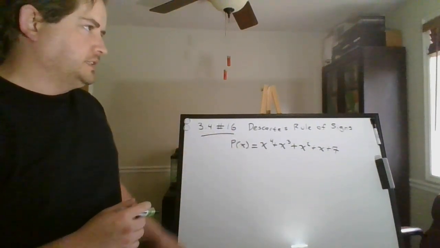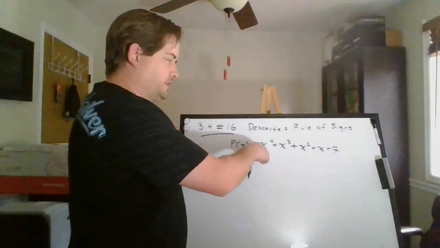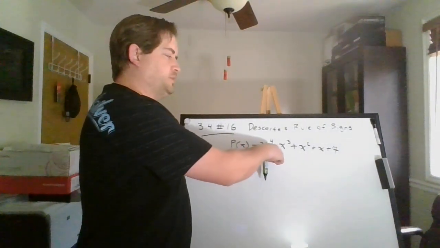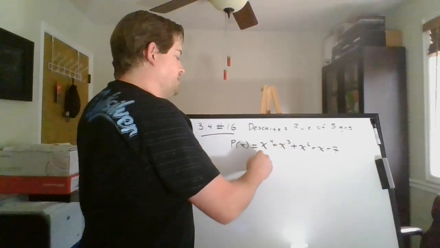sign changes is the number of possible positive zeros. So this x to the fourth is positive, the next term is positive, x to the third, positive, positive, positive. So there's no sign changes of the function.